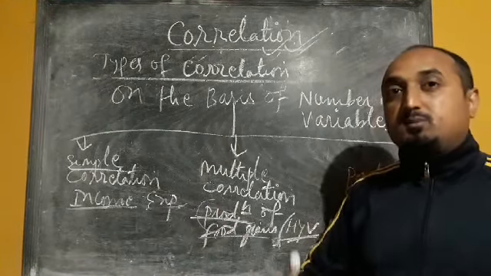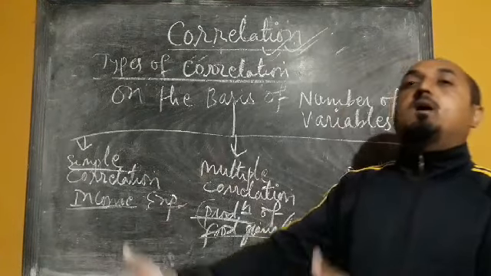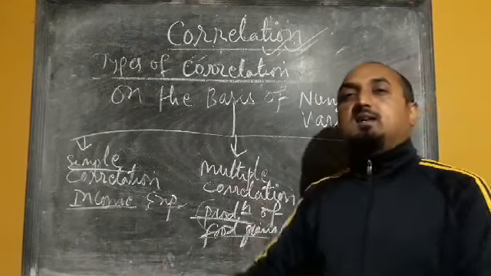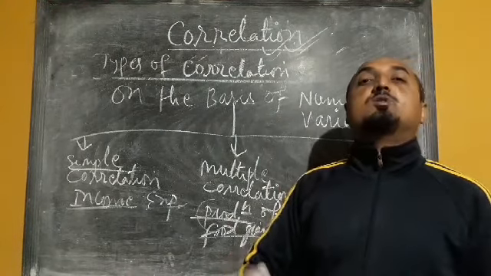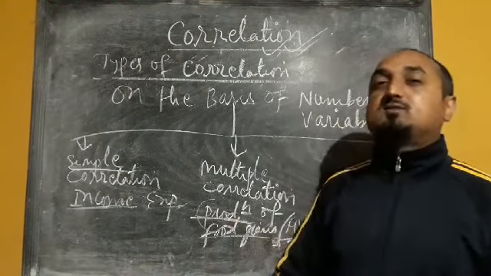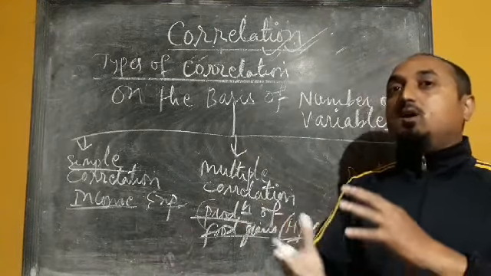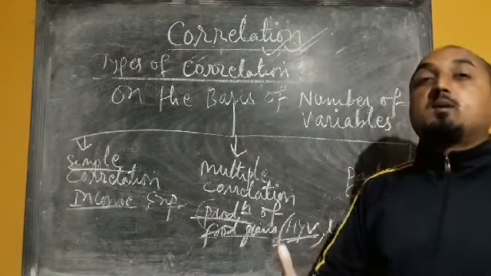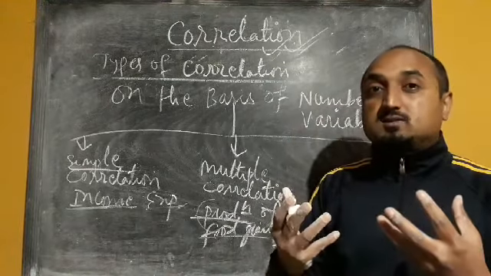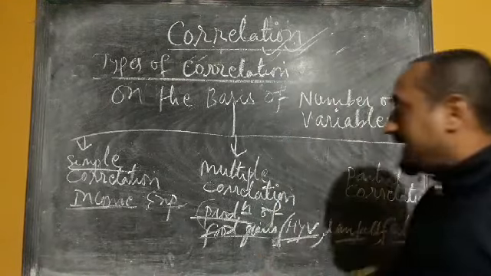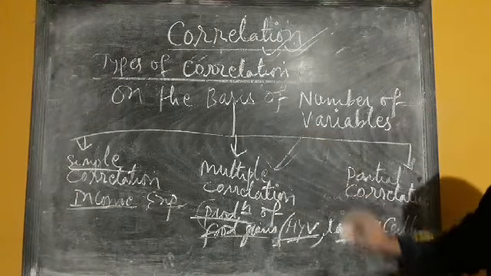If it is better, production will be better. If rainfall is less, if fertilizers are not used, and if you are not using good quality seeds, in that case your production may be less. So here we can see that more than 3 variables are involved. The impact of each variable is equally important in this case, so that comes under multiple correlation.